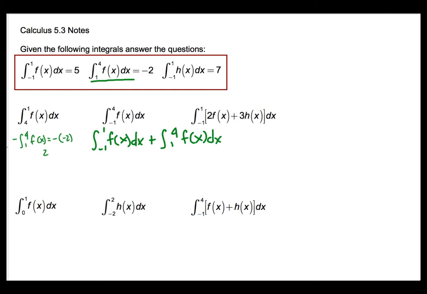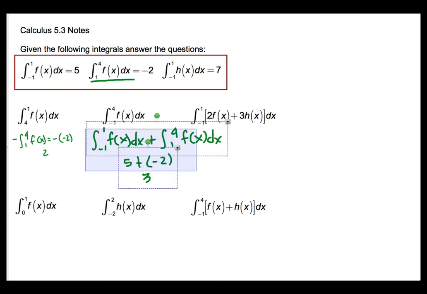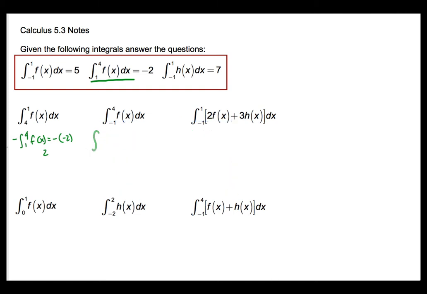And we know that the first one is equal to 5 and the second one is equal to negative 2. So my total answer is going to be 3. And that's a pretty handy deal to have. So keep it around and just be aware that that's one of the tricks that we can use. So let's move this out of the way a little bit here.